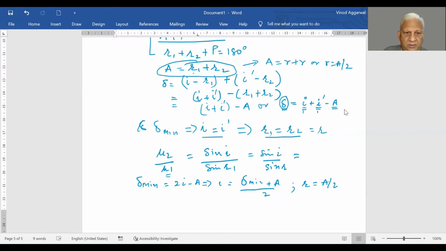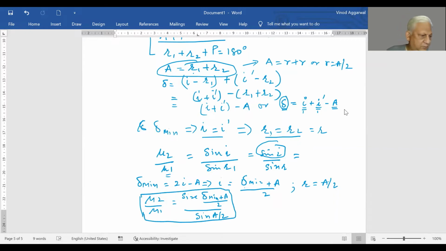So what we get is mu2 over mu1 is equal to sine of I, and sine of I is this much. This is our final equation. Okay.